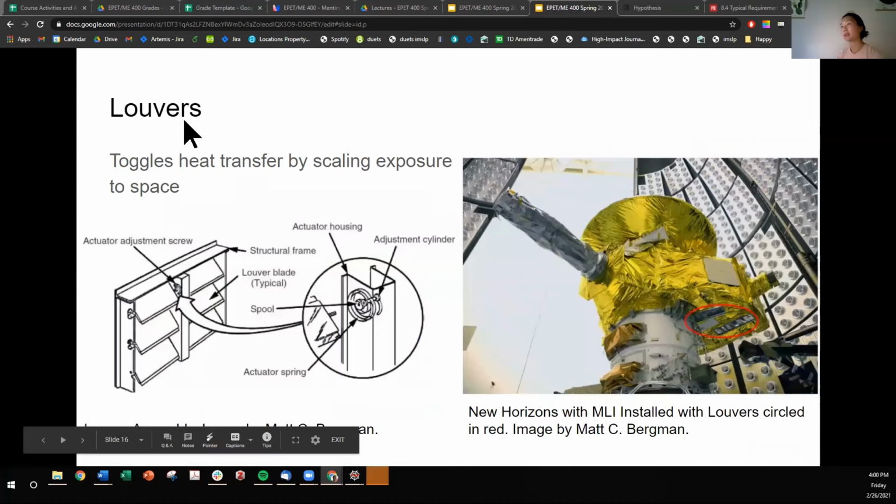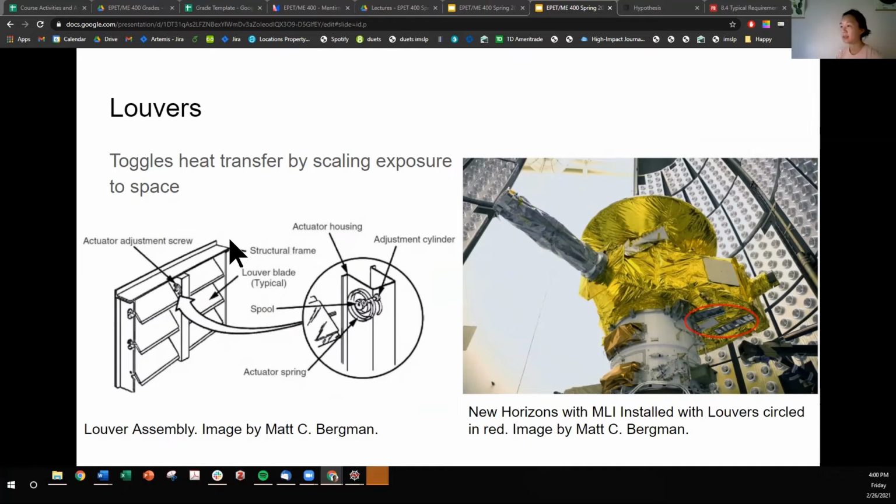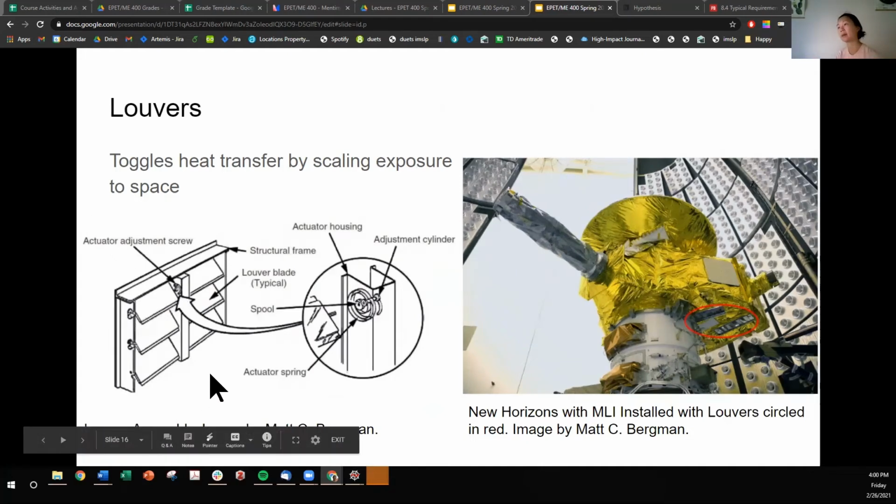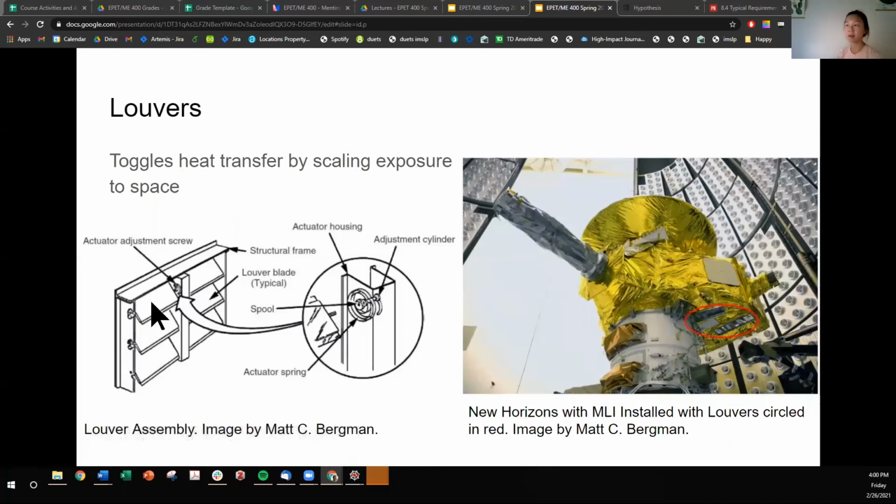Louvers. Okay, so louvers toggle heat transfer by scaling the exposure to space. There is some surface underneath this shuttered window, I would say, and this surface has an amount of heat. Now, remember we were talking about multi-layer insulation?